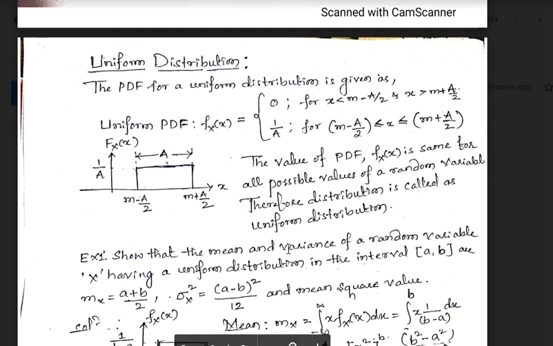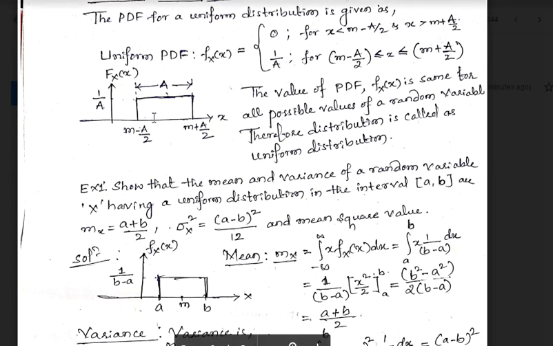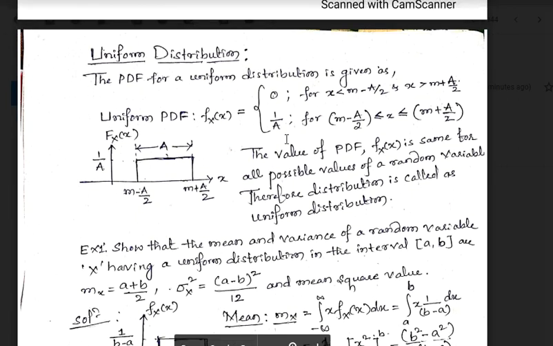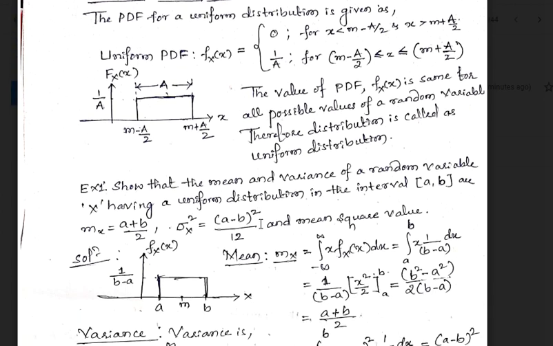Such a distribution is referred to as a uniform distribution, because the value is the same at all places.